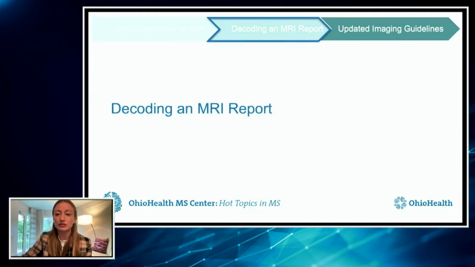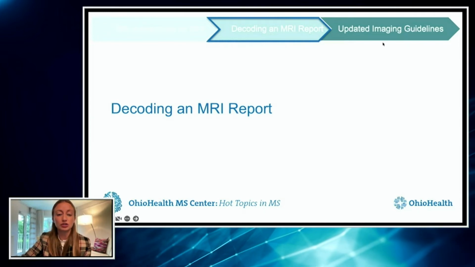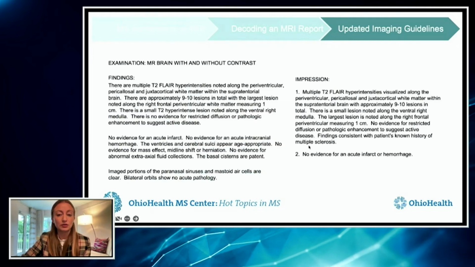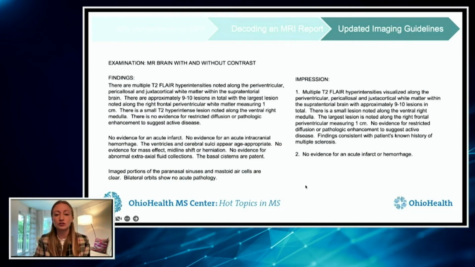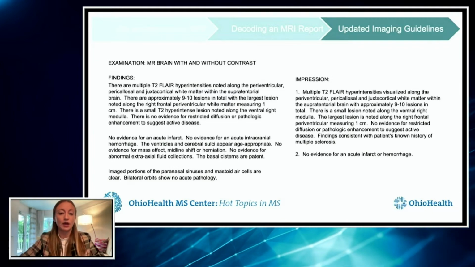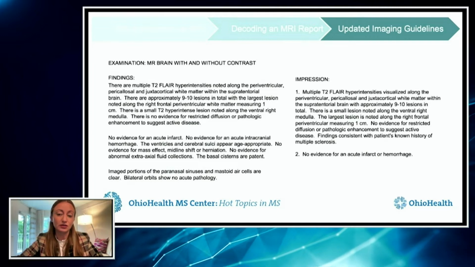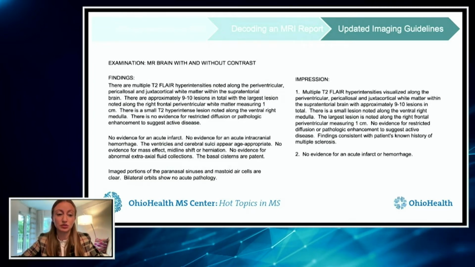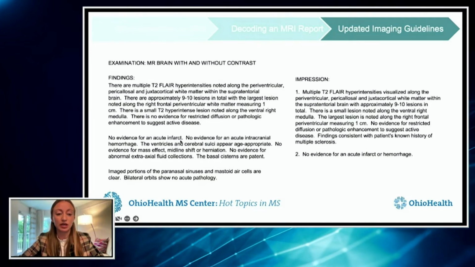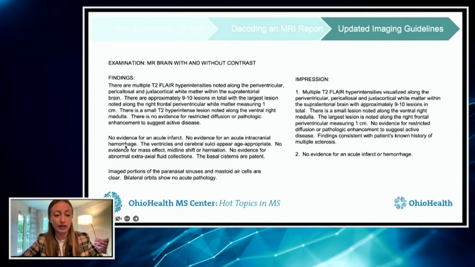So now we're going to look at some examples of MRI reports to try to understand some of the terminology used. And when you get an MRI report, there's usually a lot of information. It can be overwhelming because the radiologist is going through the whole image and they're commenting on things aside from MS. So you'll see in the findings, the radiologist is mentioning looking for things like infarct or stroke, looking for bleeding.